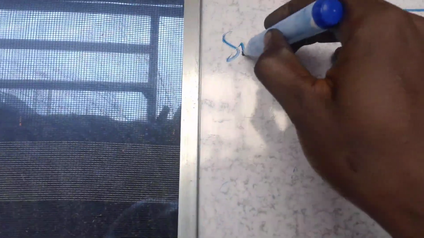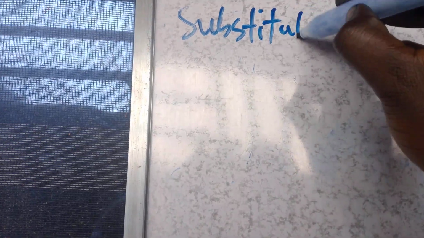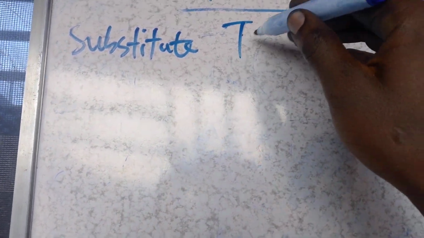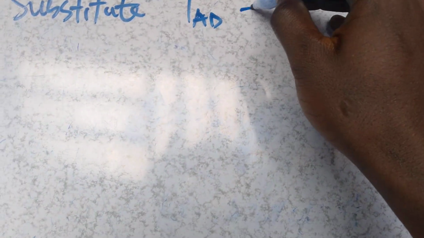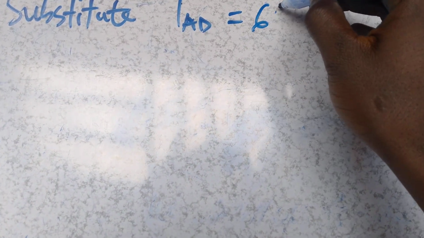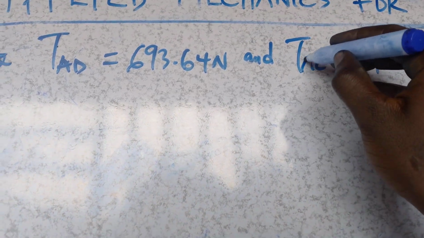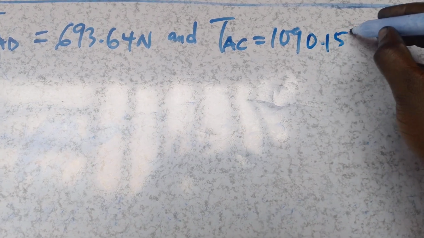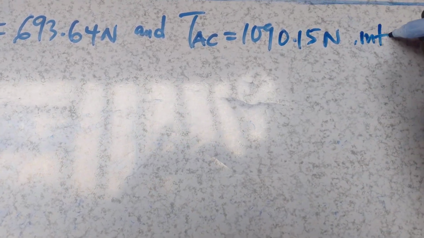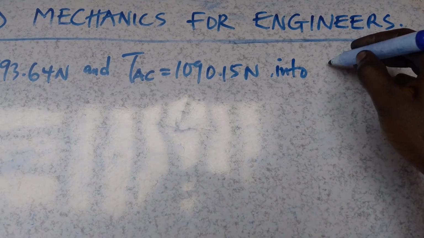So I substitute TAD equals 693.64 Newton and TAC equals 1090.15 Newton into equation 7.